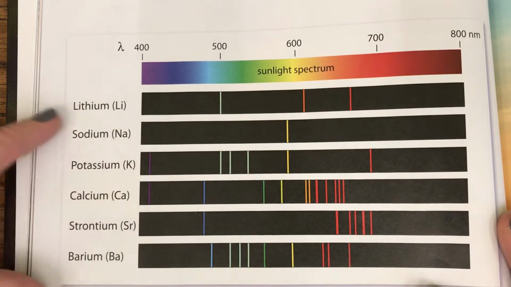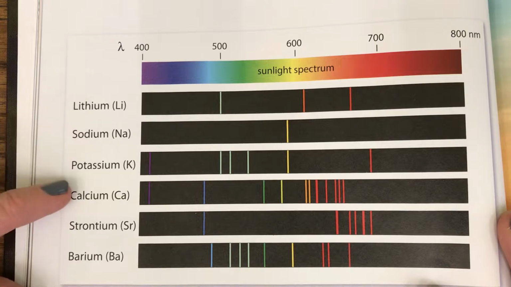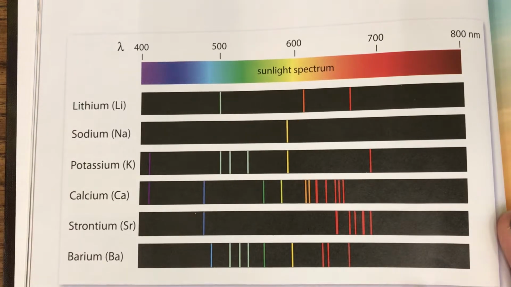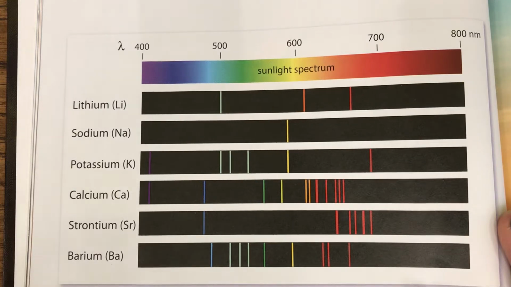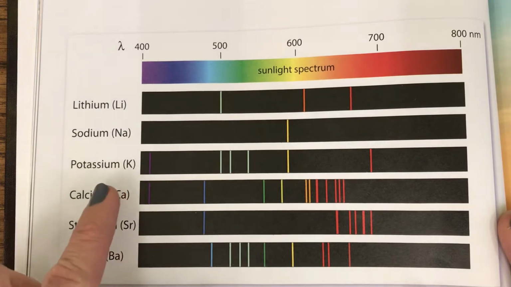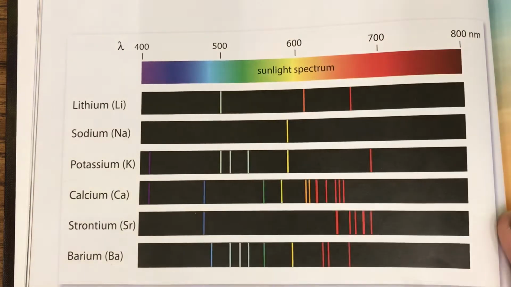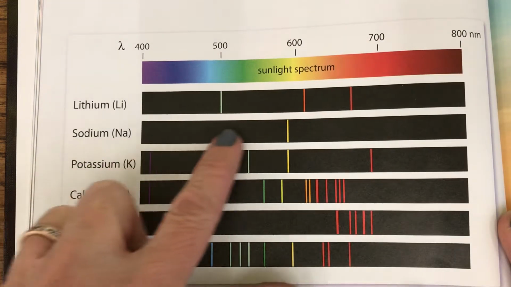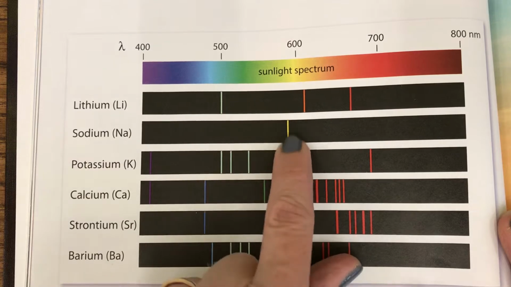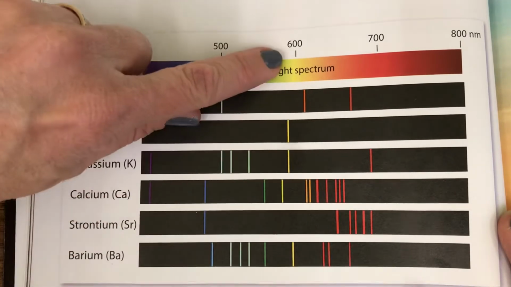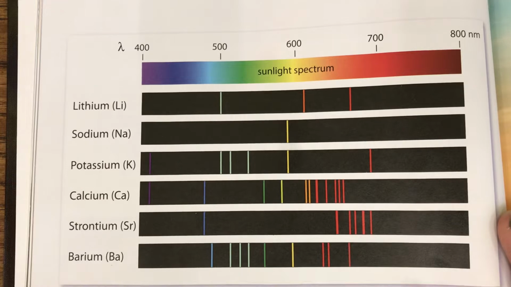And then each of these elements, if I light them on fire and I look at that fire through a spectroscope, I will notice a different composition. So if I'm looking for the answer to this question at 590 nanometers, I would look at sodium. There's one yellow thin band and it's at approximately 590 nanometers.